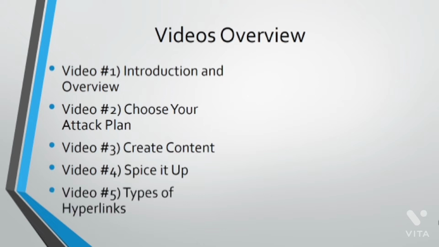And in video number 5, we're going to talk about different types of hyperlinks so that when you're editing your content via Microsoft Word, and this can be compatible with whether you're using a Mac computer or Windows computer, we want to talk about different hyperlinks and the way they work within Microsoft Word.